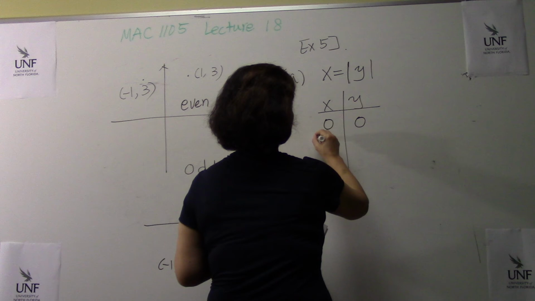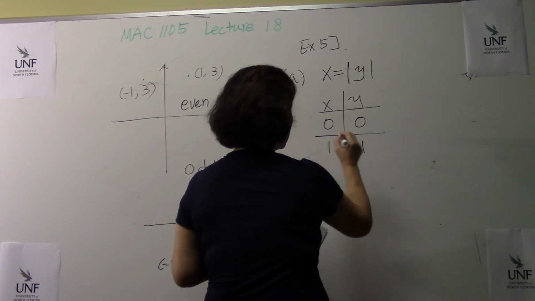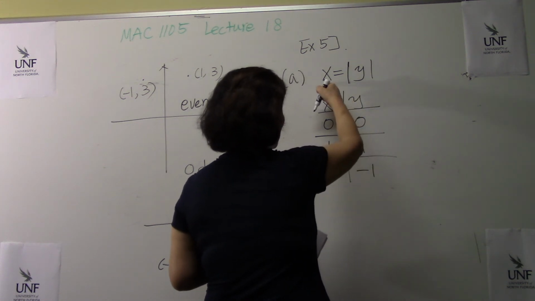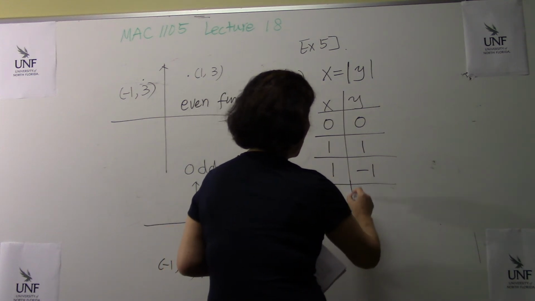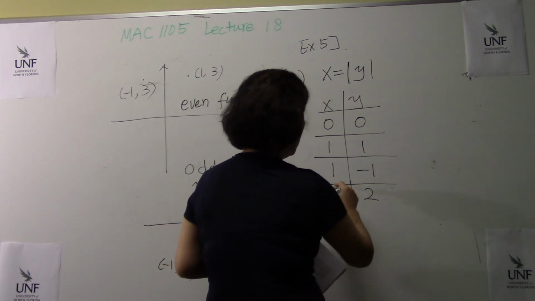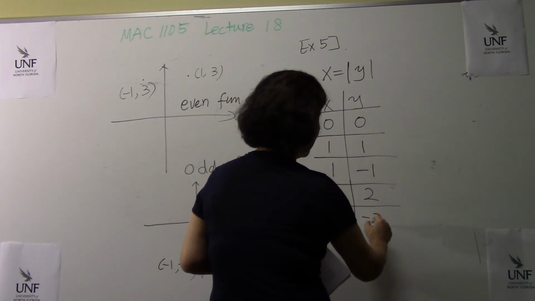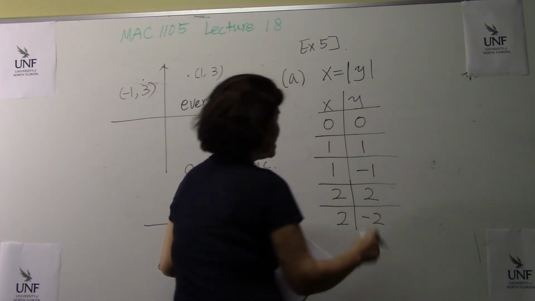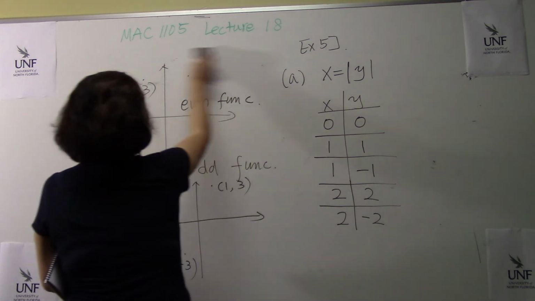Of course, x equals 0. If y equals 1, x equals 1. If y equals -1, x is still positive 1. Let's do 2 more. If y is 2, x is 2. If y is -2, x equals the same 2. So can you see the graph?